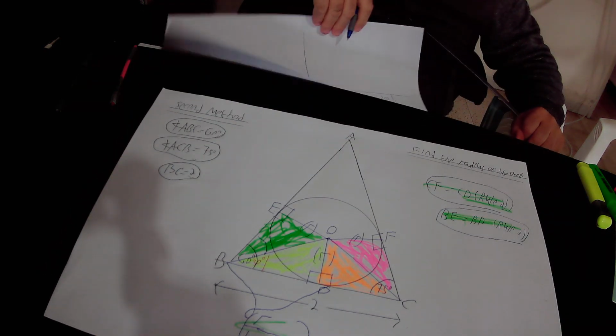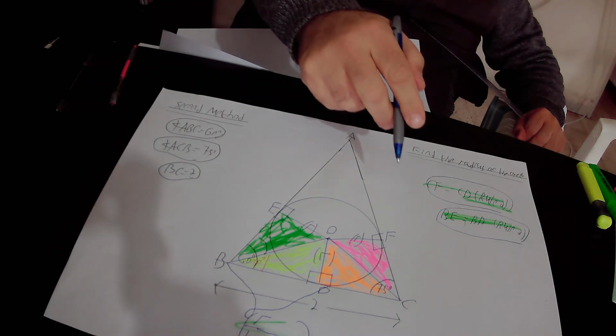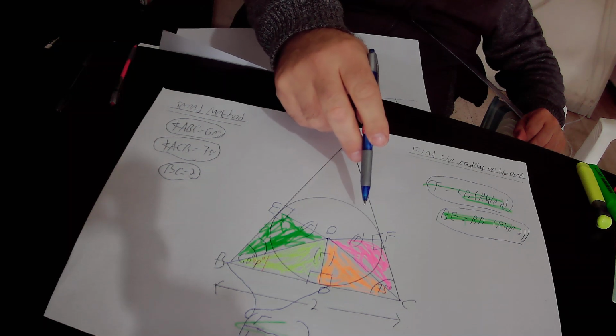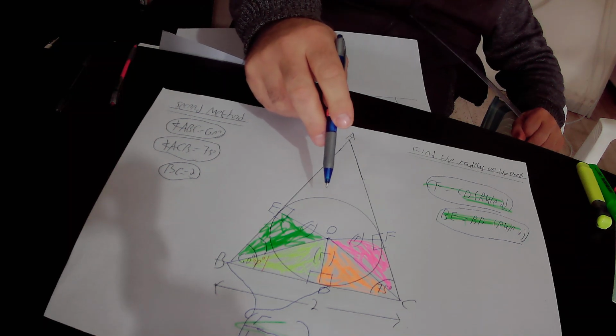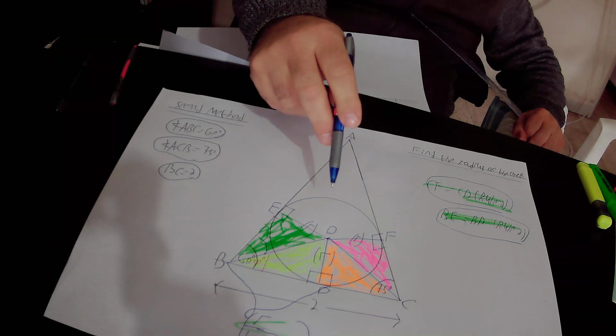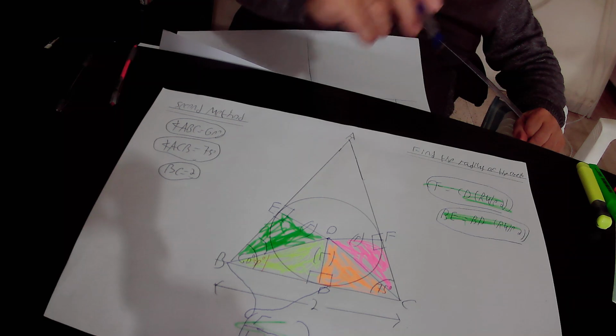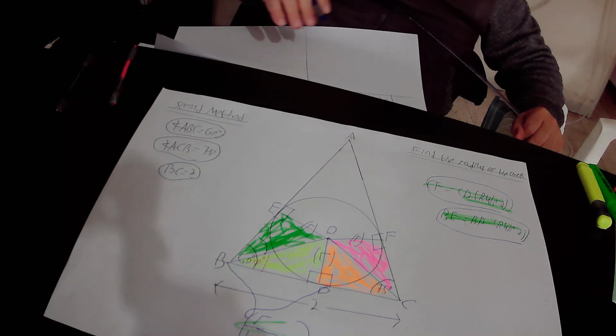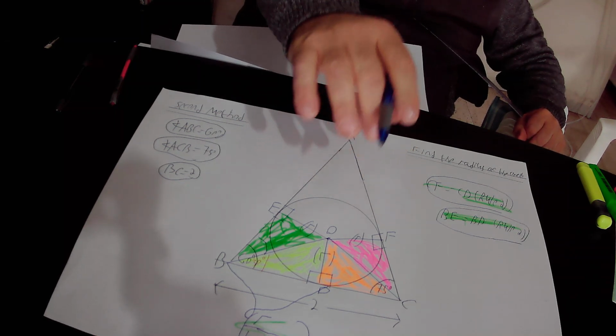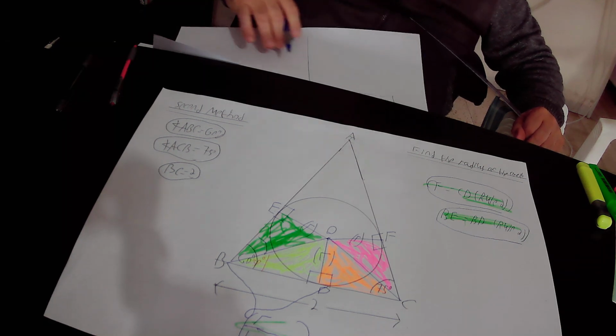So we actually proved that all three sides of the pink triangle OFC are correspondingly equal to all three sides of the orange triangle CDO. Therefore, we proved that those two right triangles are congruent to each other according to the side rule.